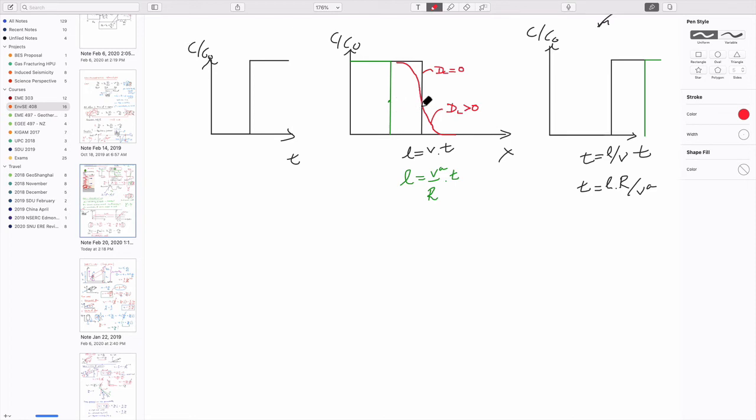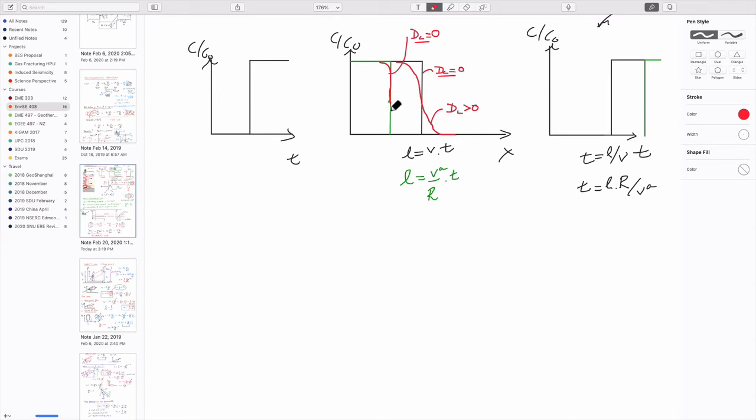Would it look more canted over than this one, or would it be sharper? Presumably, if we do the same thing for this one, then the green here is for these two cases being the same. But for the case where dispersion is occurring, I suppose we'd expect this to actually be sharper. Whoops, not doing very well. It shouldn't go behind there. Let me see if I can do a better job drawing it.